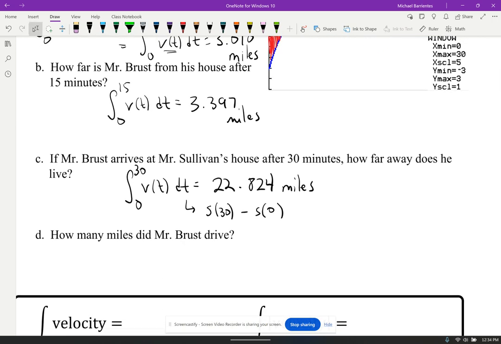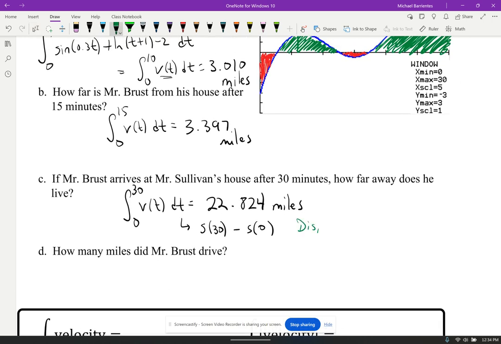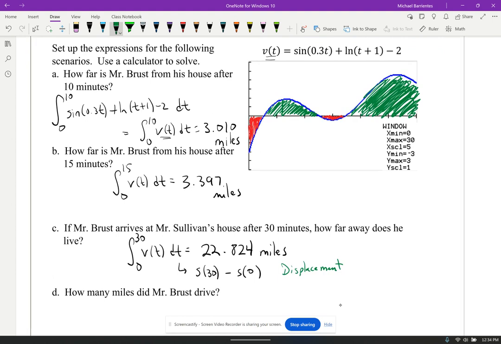The last question is, how many miles did he actually drive? Right? So this is his displacement. What we're looking for is his distance, which means I need to find out what this area is, because that's how much he moved in one direction. But instead of it being negative, I need to make it positive so that I can add it to this area. Well, how do we make things quote unquote positive?